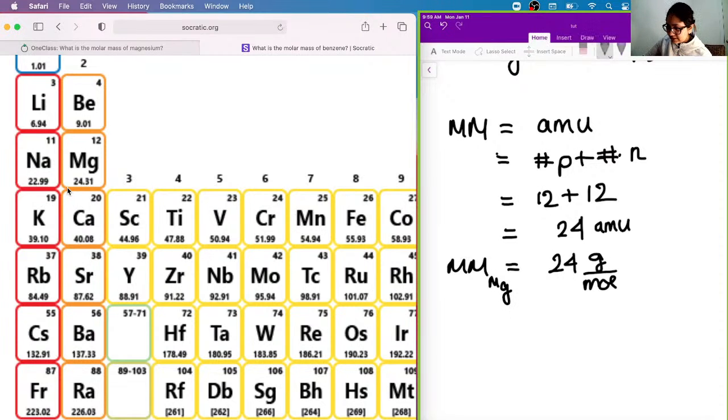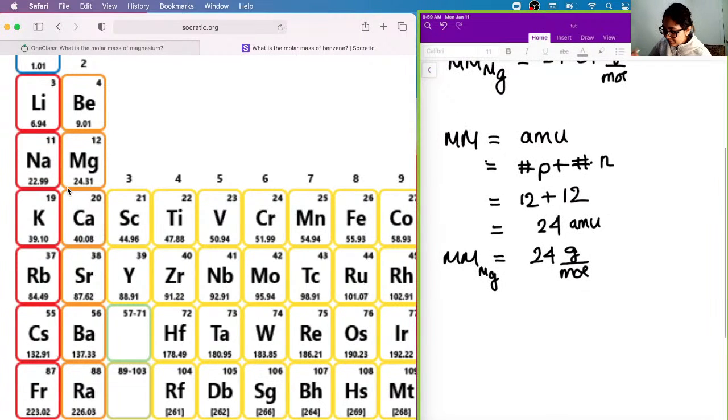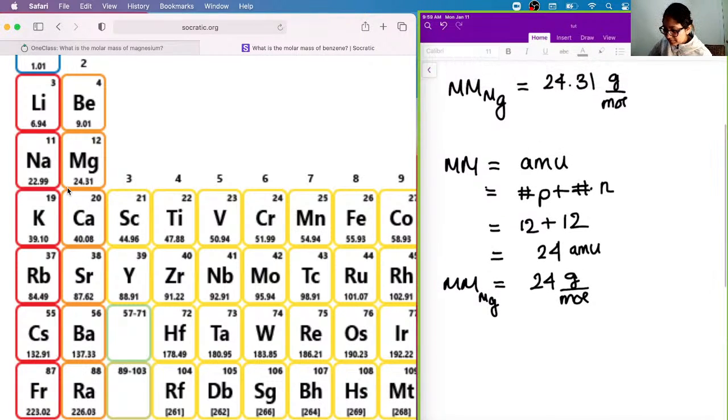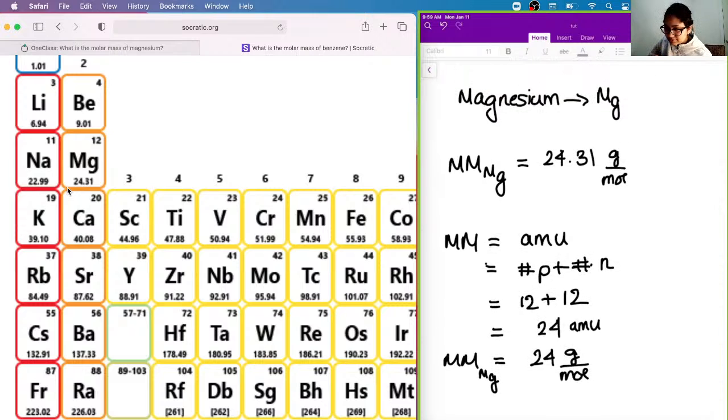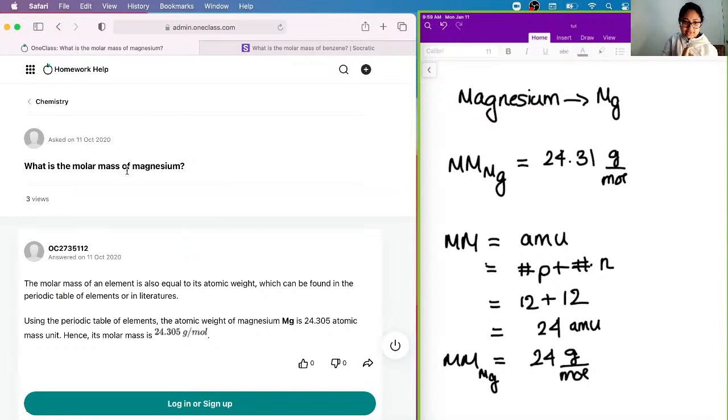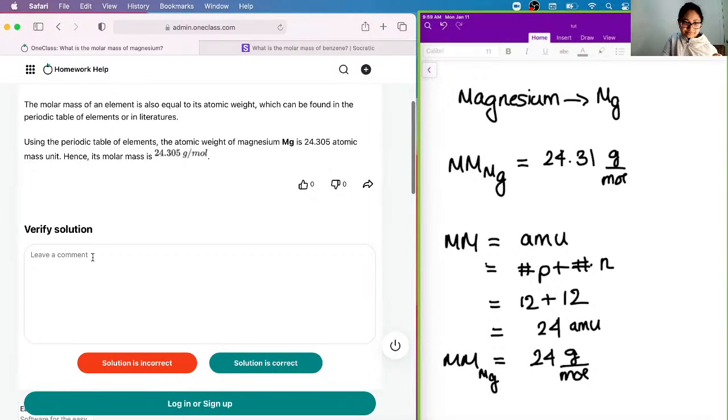This is just generalizing how to derive molar mass from atomic mass, but generally you should just look at your periodic table because it's given right there. So this is the answer for magnesium.